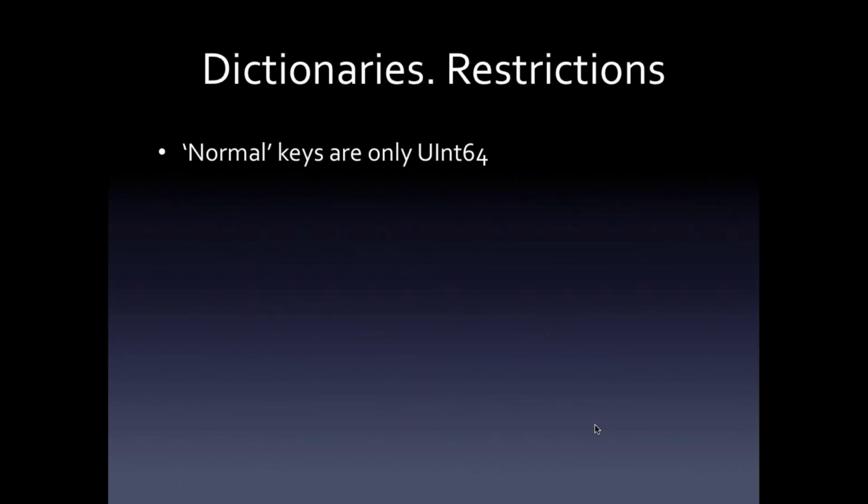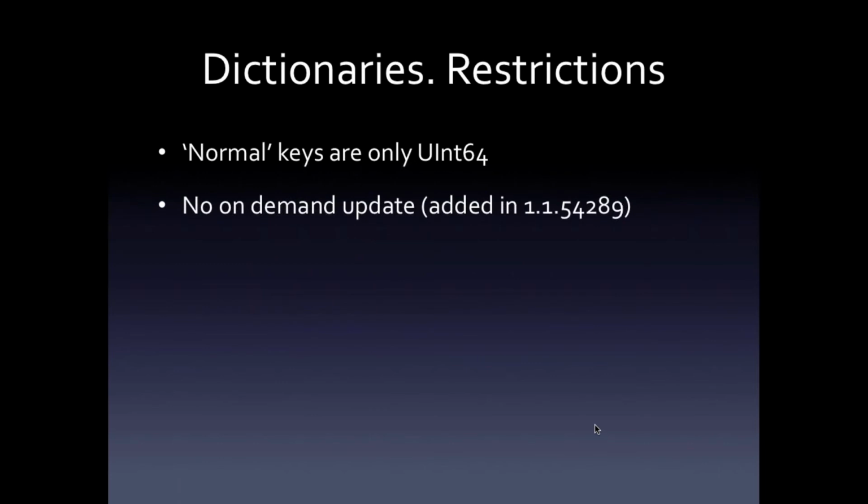There are certainly some restrictions on dictionaries, and here are a few of them. The keys for dictionaries should be only UInt64. This is true for flat and some other layouts. I don't want to discuss it here, but it's possible to use keys of different types, but it's not so efficient and a little bit more complex.